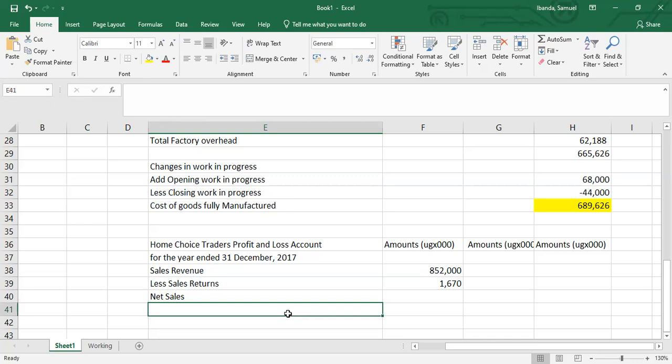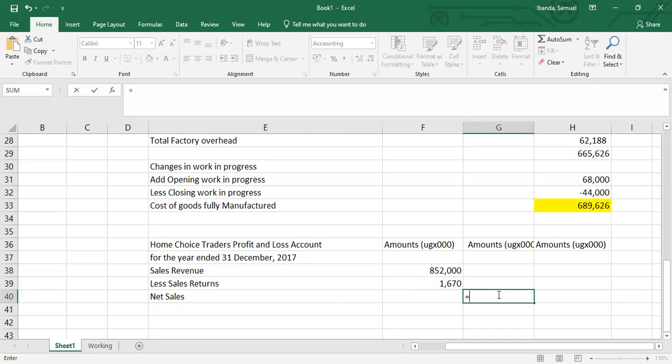So the difference between the two figures would give you your net sales, which is 1,850,330. Okay, that is what we basically do have. I hope we are following, and I hope up to there we are all fine.